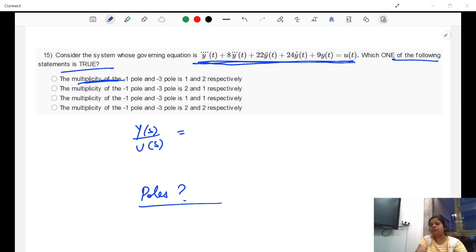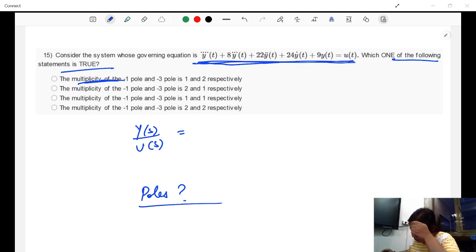Has anyone got the transfer function? Can someone share what is the transfer function?